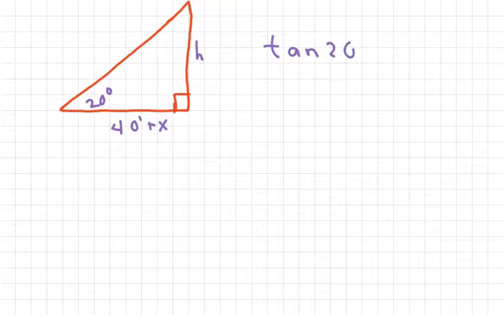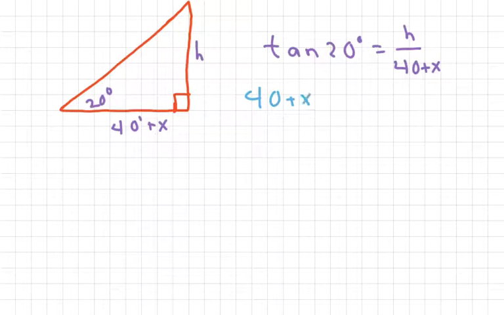Tan of 20 degrees equals opposite, which is height, over adjacent, which is 40 plus x. And you solve for height, and you get 40 plus x times tan of 20 equals h.